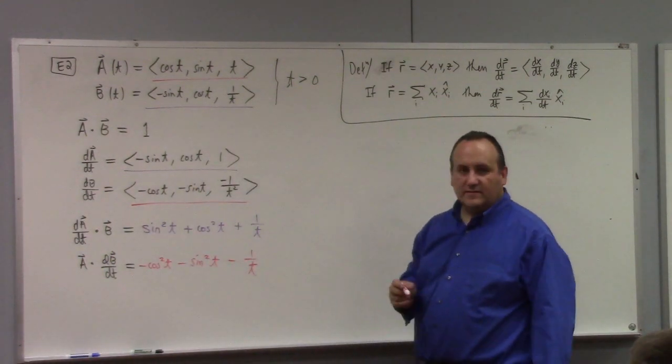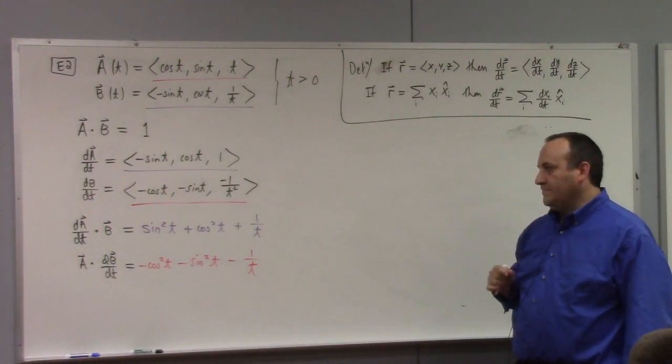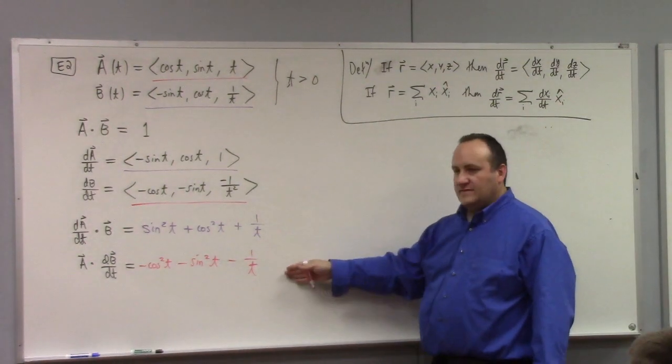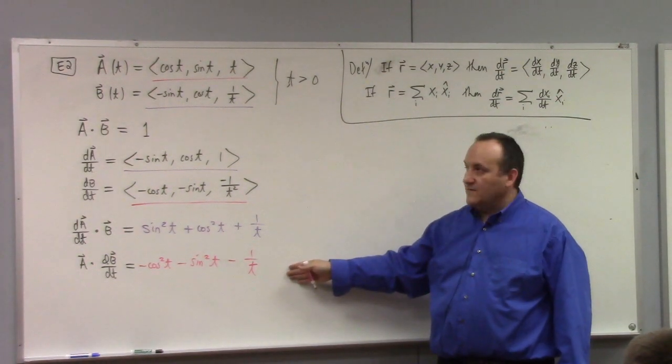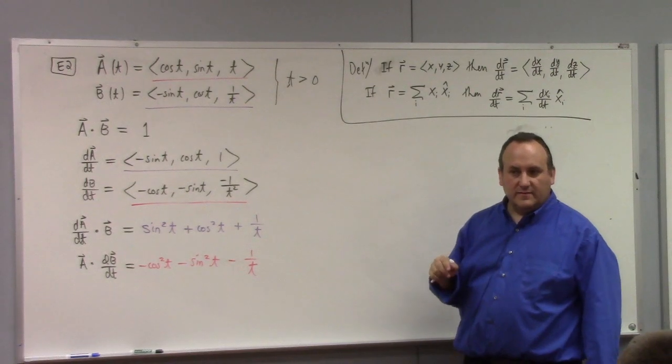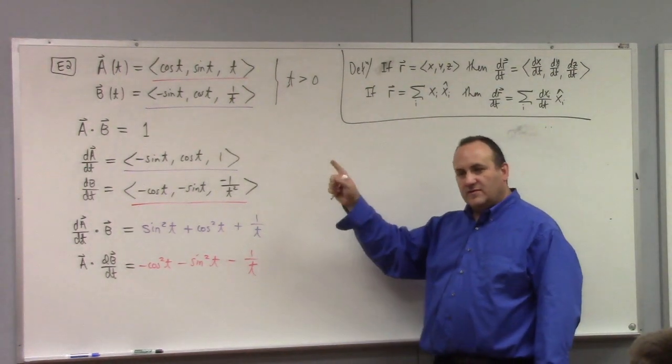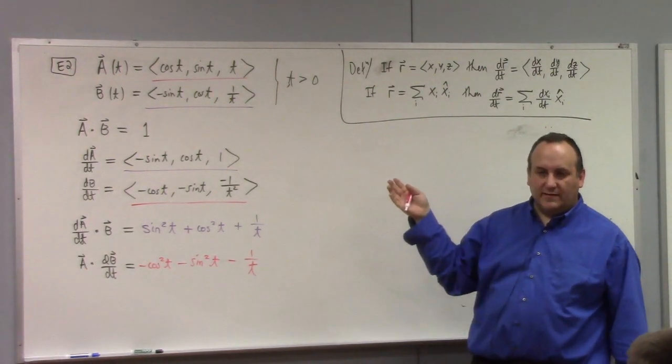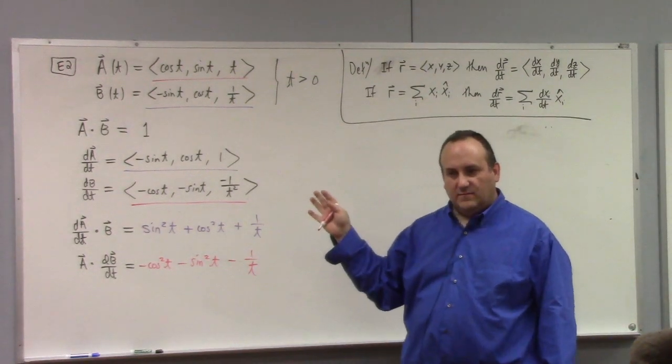And so what does this all mean? What happens when you add these two things together? You get 0. What's the derivative of 1? 0. So even though a dot b is 1, which seems kind of boring, it's actually saying something interesting.